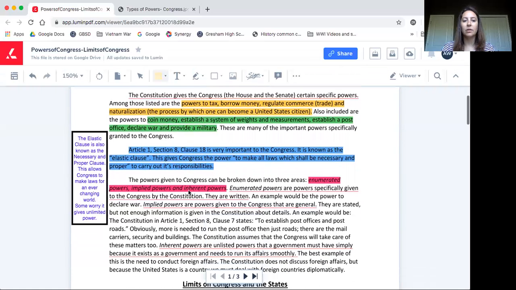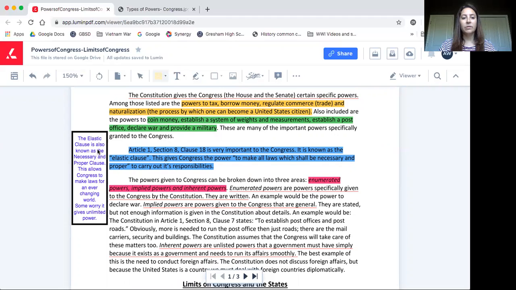There's a section in the Constitution, as you see here, known as the Elastic Clause, and I wrote a little extra note here that sometimes it's known as the Necessary and Proper Clause. It's a sentence that gives Congress almost unlimited power in a way, because it basically says that Congress has the right to do what it needs to do to carry out its responsibilities.